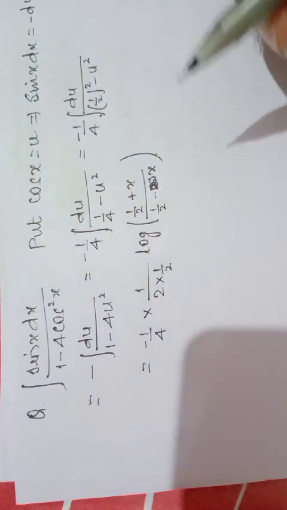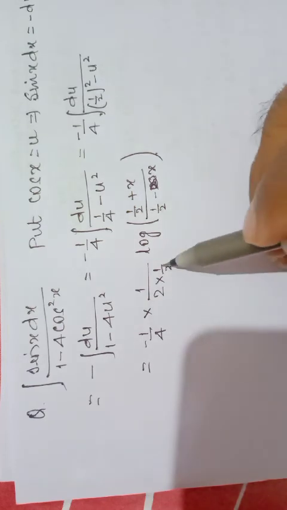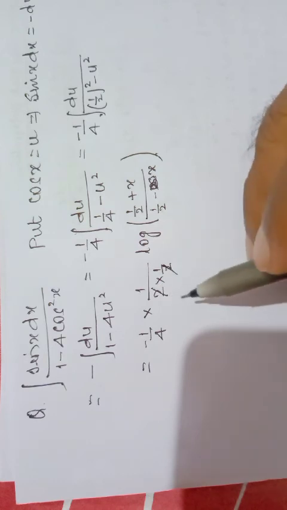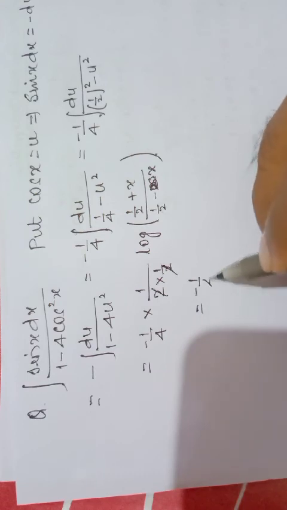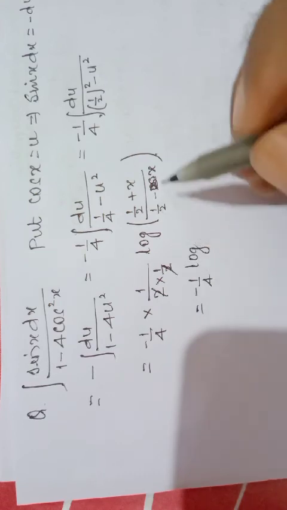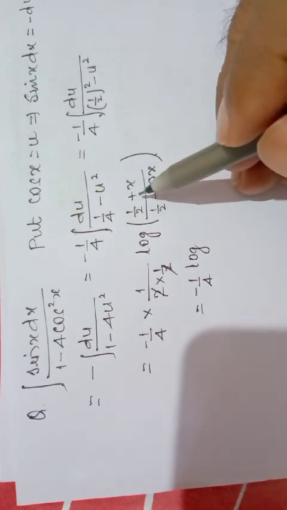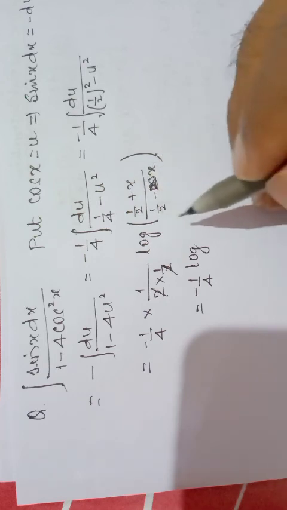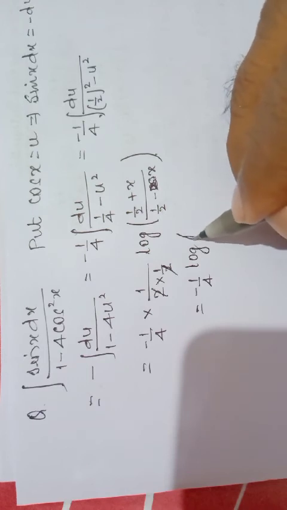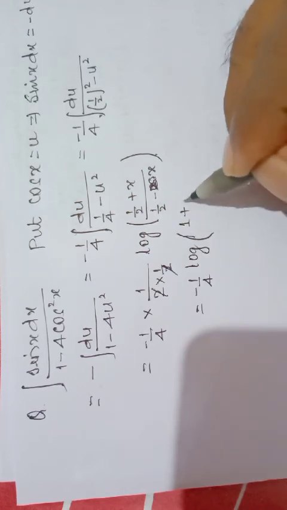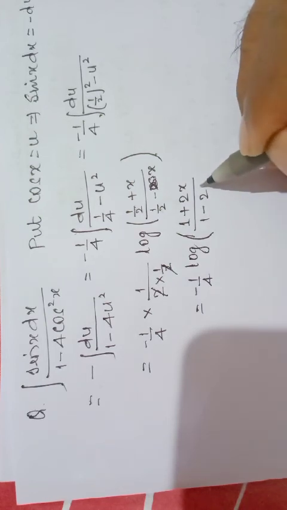Here a is 1 by 2. Now simplify it. First the 2 and 2 cancel, and this becomes minus 1 by 4 log. Take the LCM of numerator as well as denominator; the LCM is 2, which cancels.